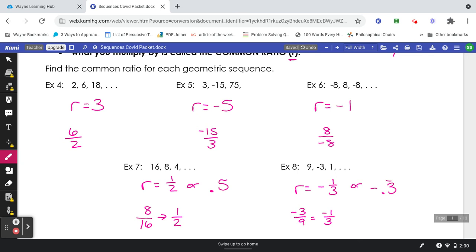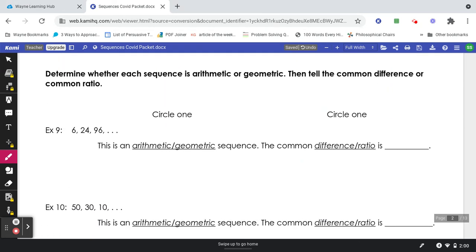On the back side, we have a combination of the two. We're going to decide whether each sequence is arithmetic or geometric. Remember, arithmetic is when you're adding, geometric is when you're multiplying. Then we want to tell the common difference or common ratio. So example number 9, I noticed that 6 to 24, I could be multiplying by 4, I could be adding a number, but notice the jump between 24 and 96.